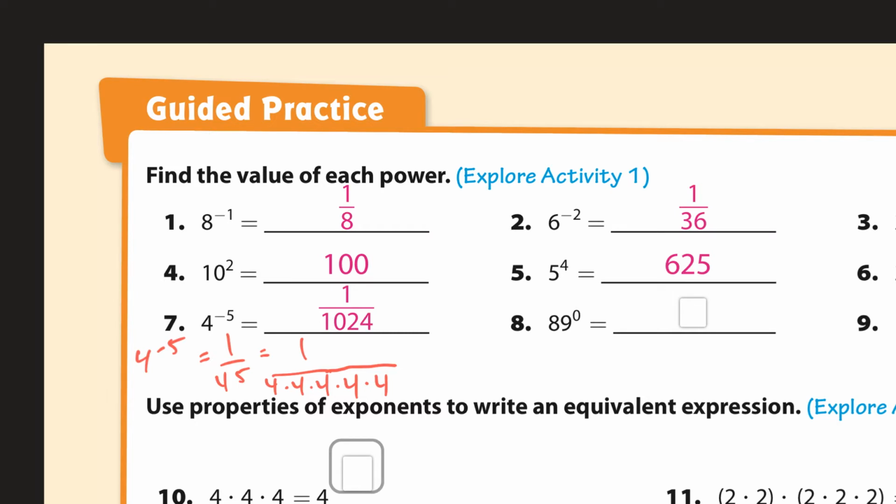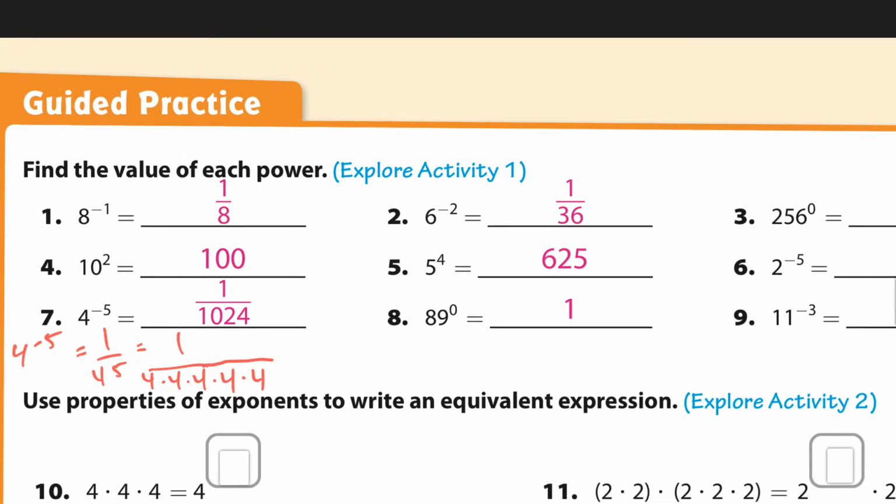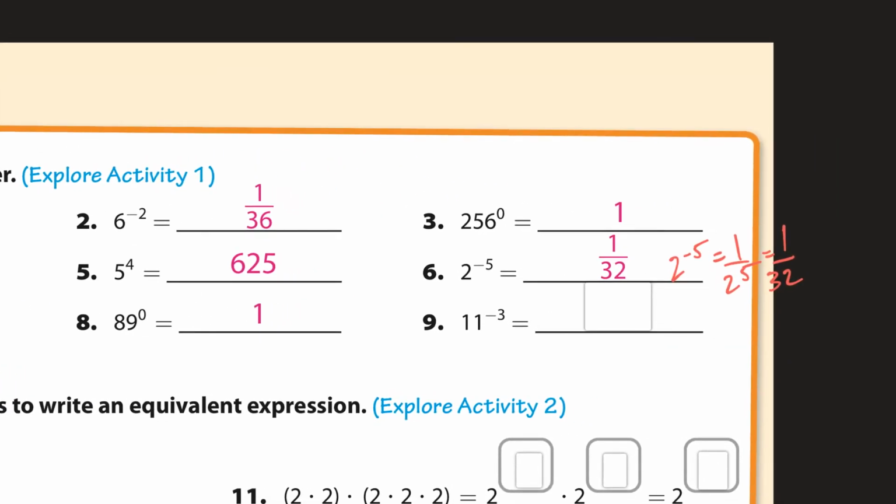Anything to the 0 power is 1. And 11 to the negative third power is 1 over 11 to the positive third power, which is 1 over 11 times 11 times 11. Is it 1221? I think 1331. Yeah. So there you go.